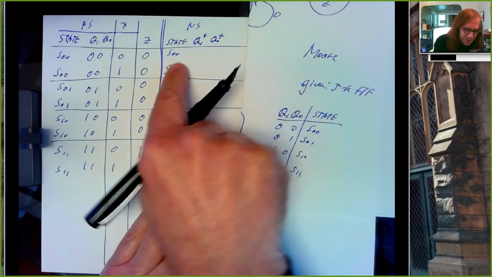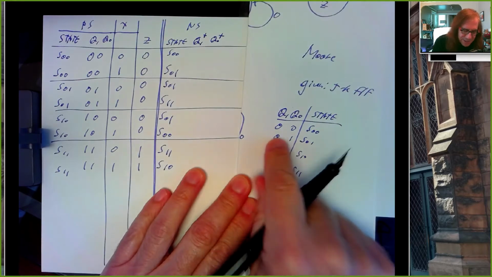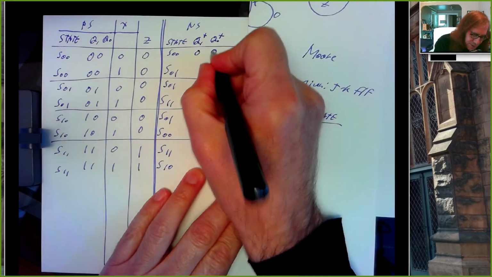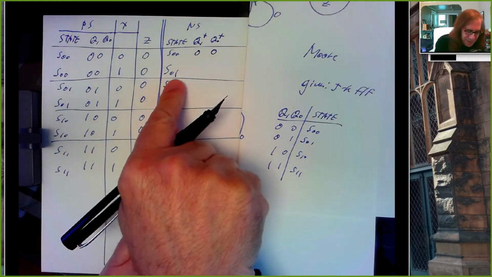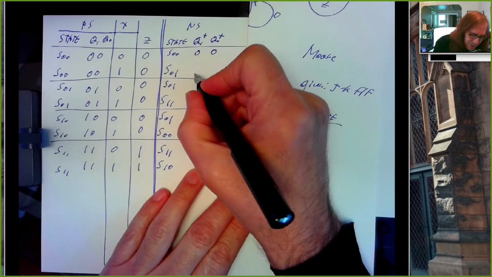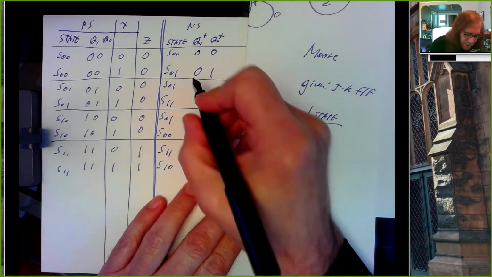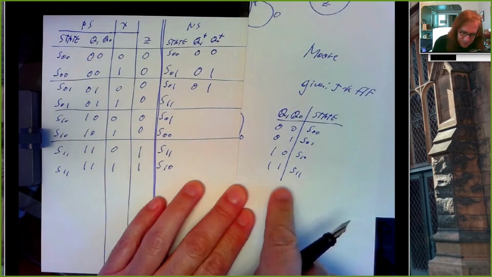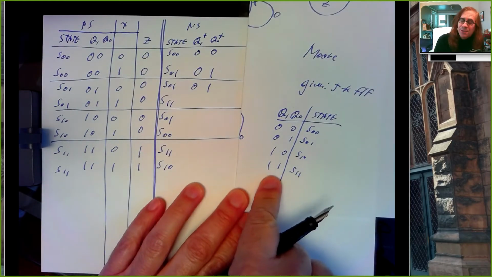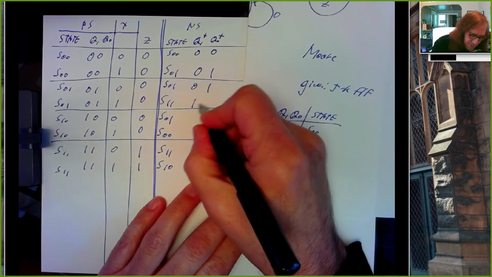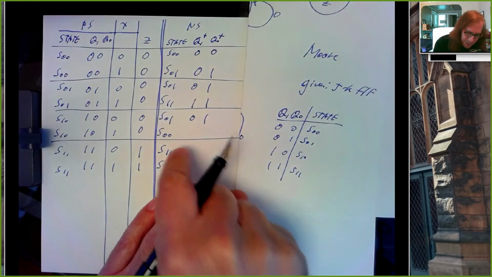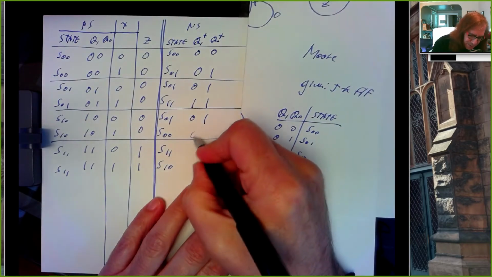So if we want to be in state 0, 0, that means Q1 should be a 0, Q0 should be a 0. S0, 1 means Q1 should be a 0, Q0 should be a 1. And that'll be the same here. And S1, 1 means Q1 and Q0 are both 1s. Here's another 0, 1, S0, 0, they're both 0.